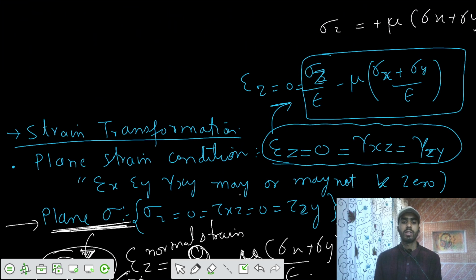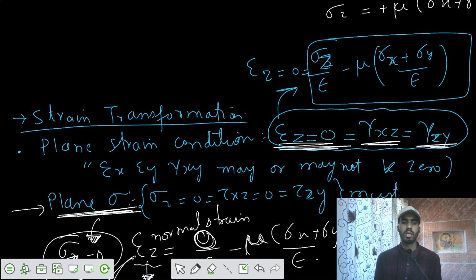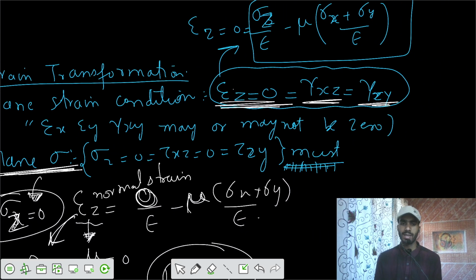Then for the plane strain, we want strain z to be 0, gamma xz to be 0, and gamma zy to be 0. So this is the difference we can have.